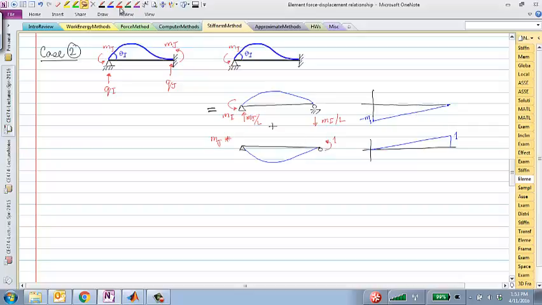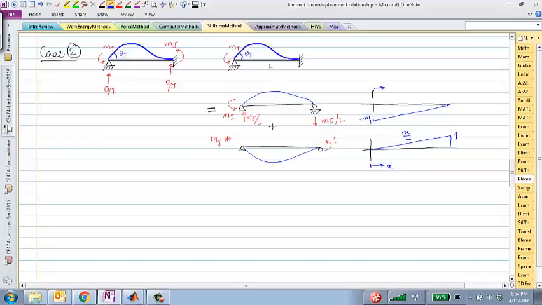So in this case, the bending moment diagram for the second problem would be basically x divided by L, right? This length here is L. In this case, I'm measuring x from this side.